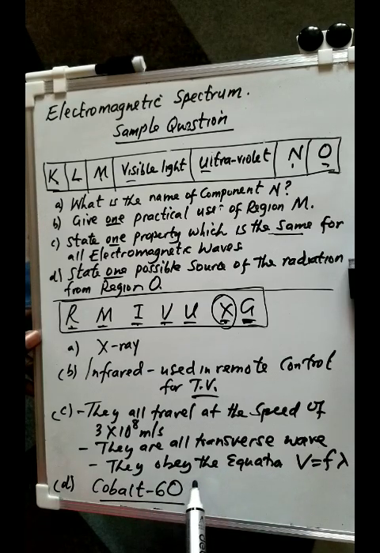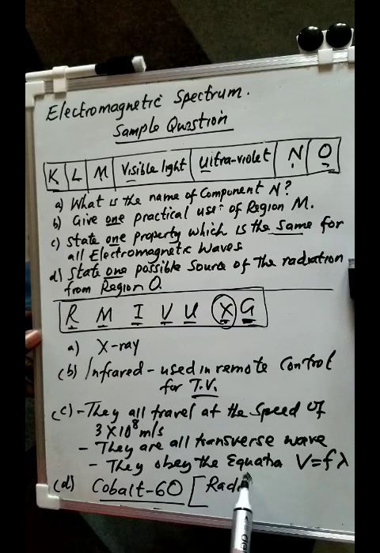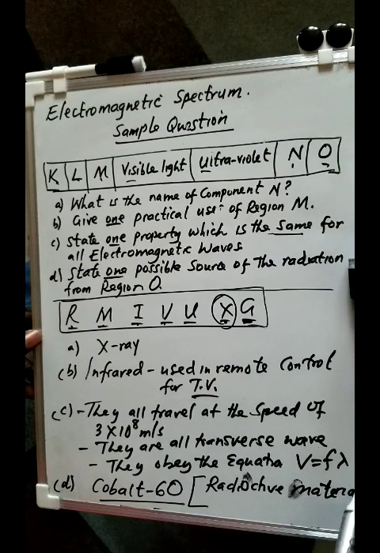Cobalt-60 is a good substance that produces gamma rays in this case. So gamma rays come from radioactive materials, and a very good example of a radioactive material that produces gamma rays is cobalt-60.